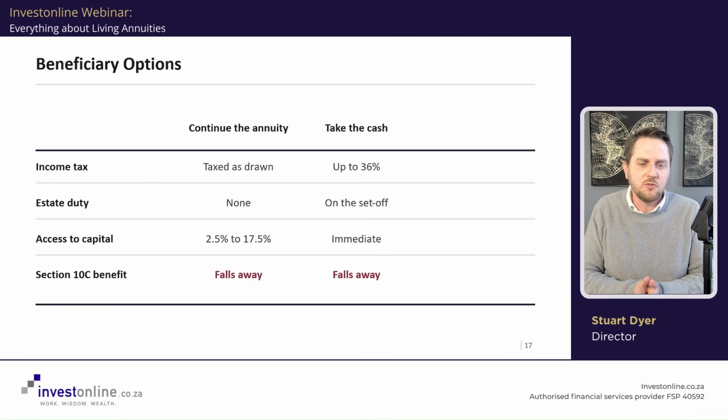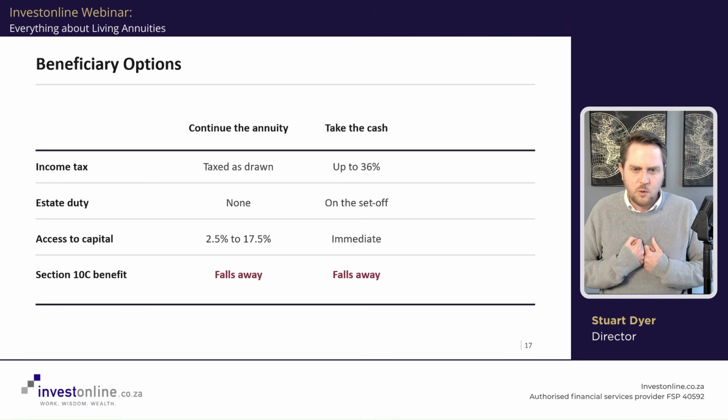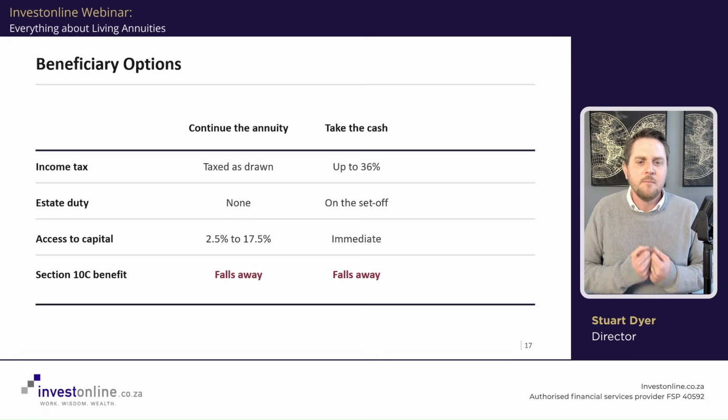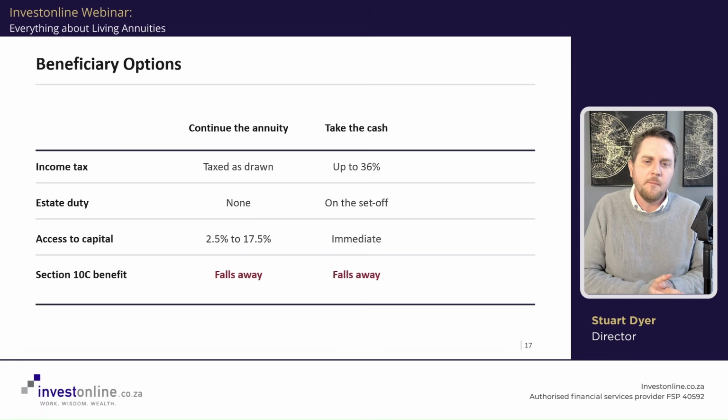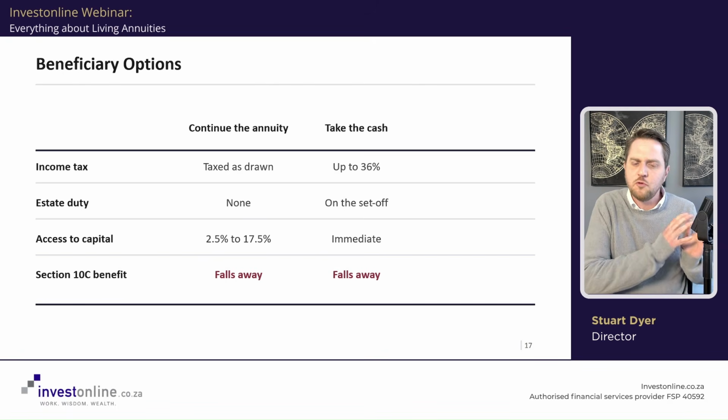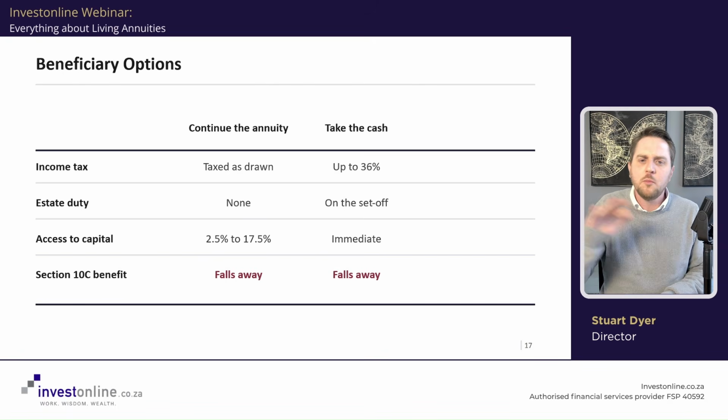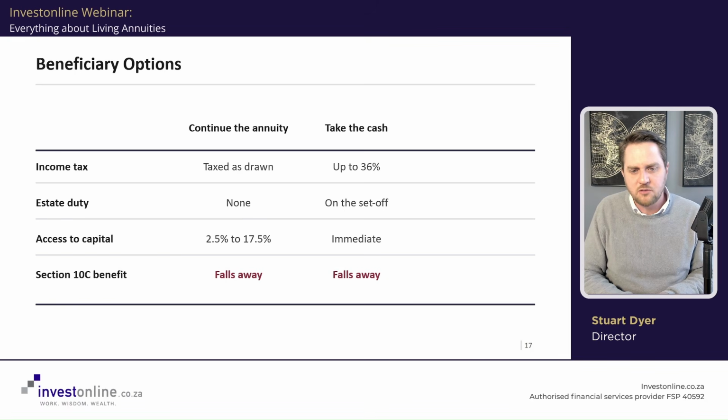And the tax is not calculated on the recipient's tax situation, meaning the beneficiary. The tax is calculated using the deceased's situation. So if that individual who's passed away has taken already 2 million rand in lump sums in his lifetime, that 2 million rand will apply to the tax table for this transaction. So a living annuity is not a good estate planning tool for the person to take as cash.